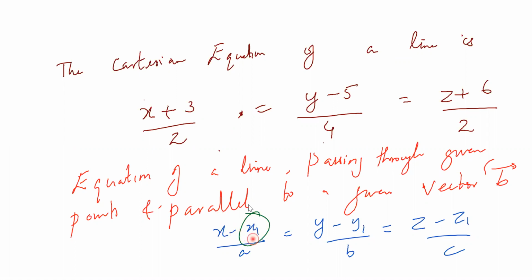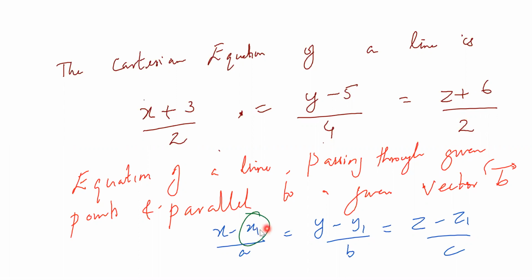Here I'm having a minus, that's the reason I'm putting it here. x1 is minus 3, y1 is 5, z1 is 6, because minus times plus is minus. So no need to get confused here.